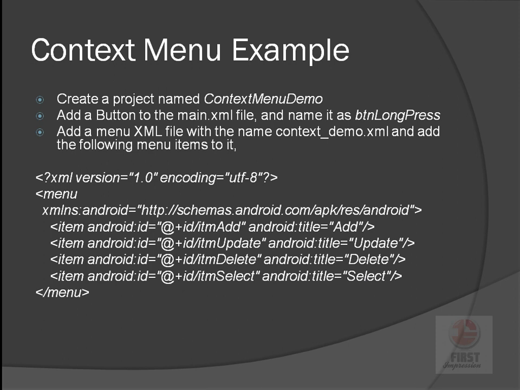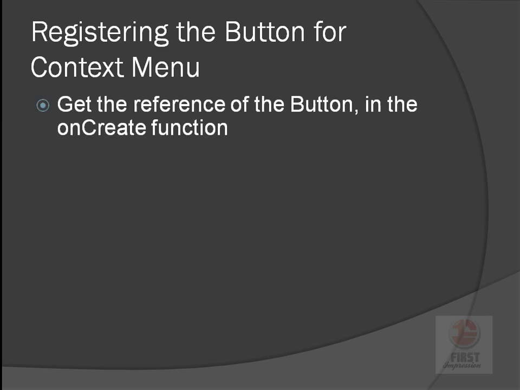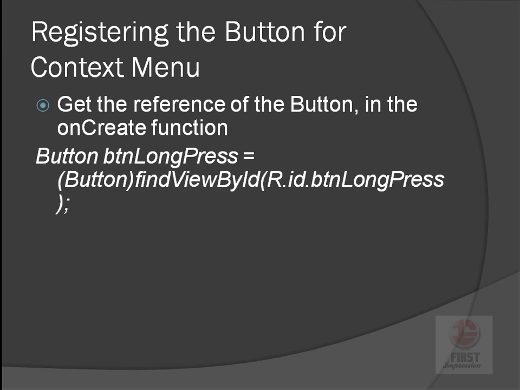We have added an XML file with the name contextdemo.xml inside the res/menu folder, and we have added a button with the ID btnLongPress in the main XML file. Let's now go to the Java code. Inside the Java code, we first take the reference of the button by saying Button btnLongPress equals findViewById R.id.btnLongPress.